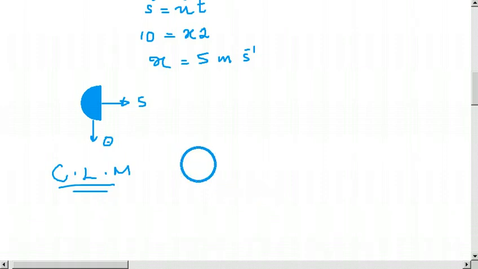This one, this half, not actually half, quarter. It is like this, it should be like this, not exactly, it's something like this.